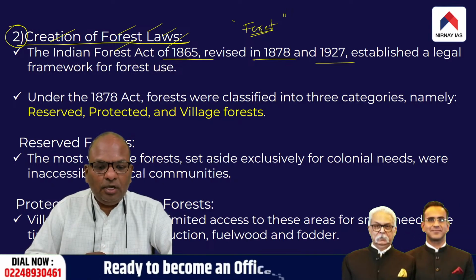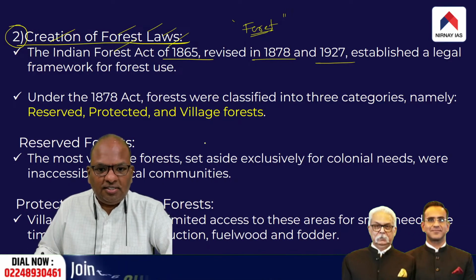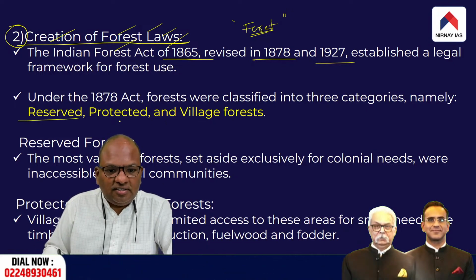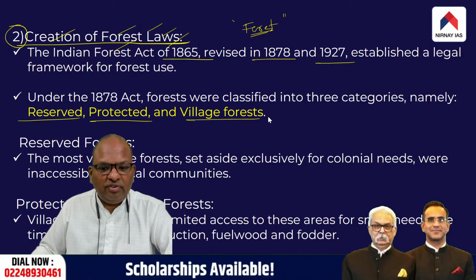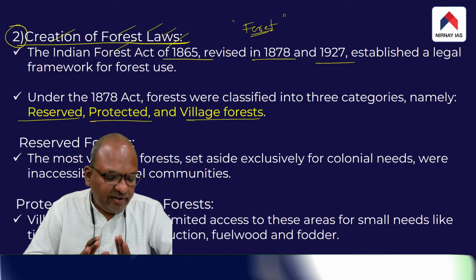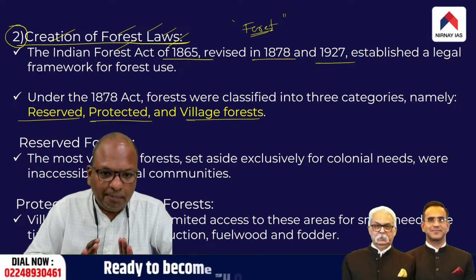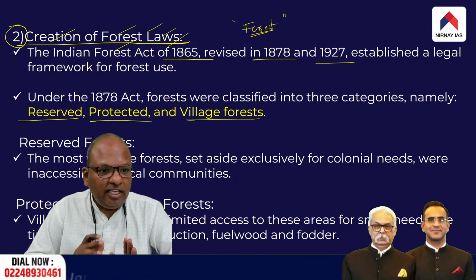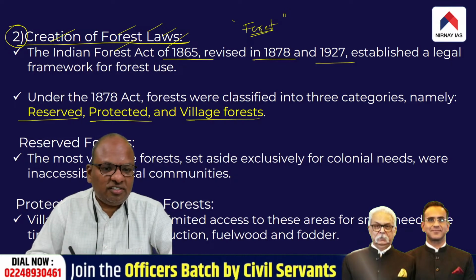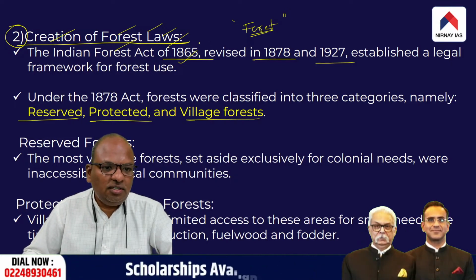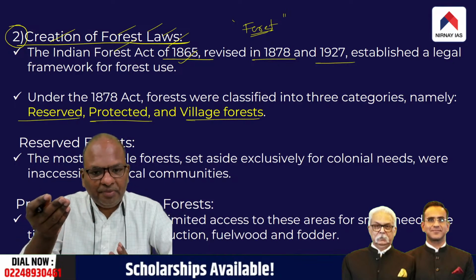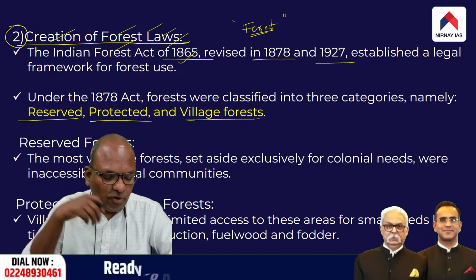Under these forest laws, the British classified the forest into three categories: reserved, protected, and village forest. Let me repeat this point once again. The British began realizing the importance of forest, and therefore, with a view to protect the forest, they began coming up with legislations. One such legislation was the Indian Forest Act 1865. That was, in fact, the first legislation introduced by the British in relation to the forest.